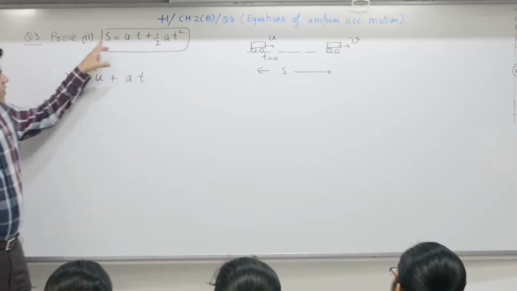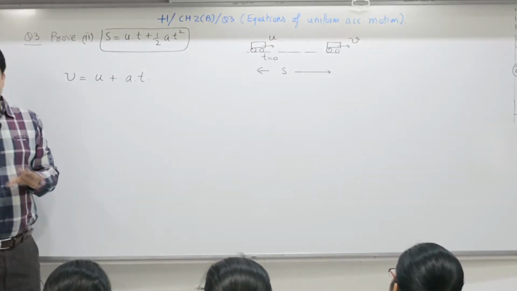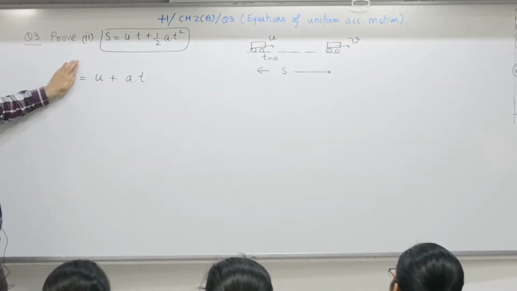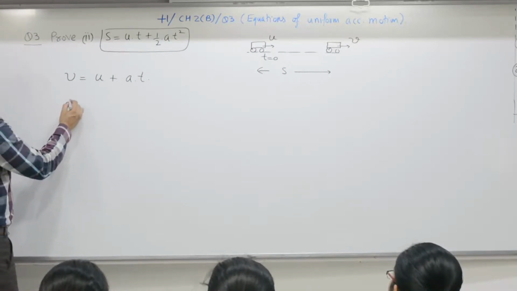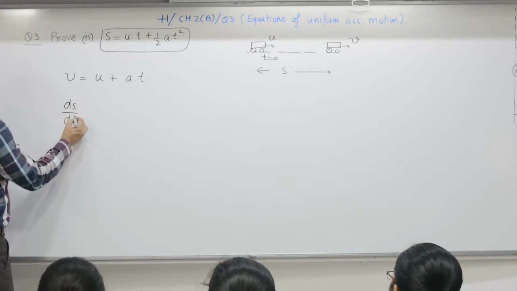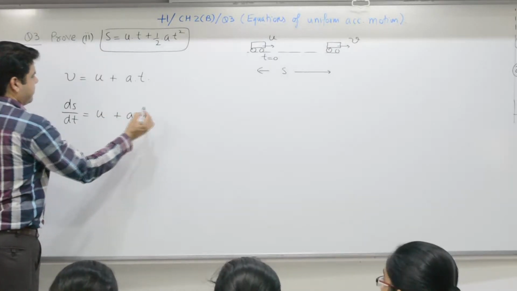And where you want to reach, v is not there. That means somehow you will have to change this v in terms of s. v is equal to what? Yes, v is equal to ds by dt is equal to u plus at.